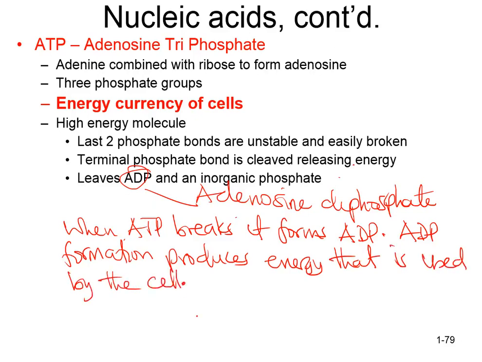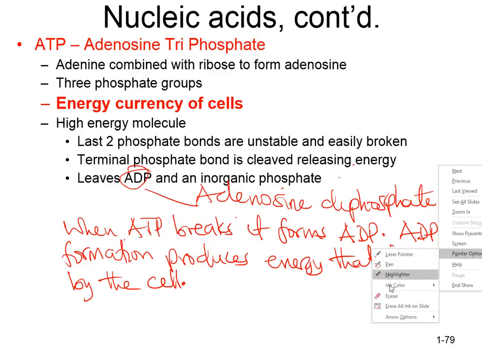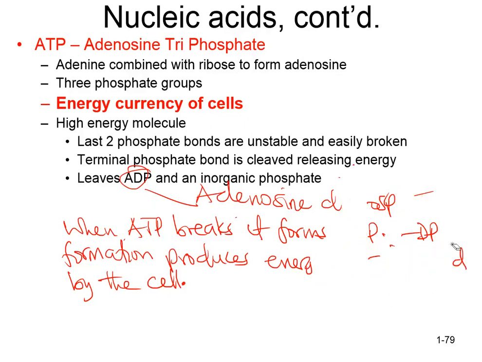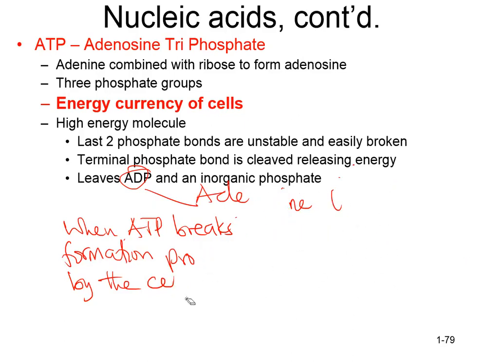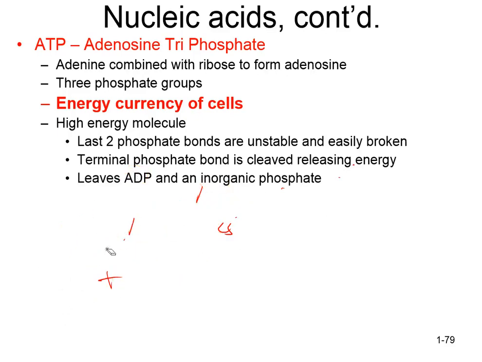So the cell of an animal or the cell of a plant, whatever, gets energy from the breaking of ATP to form ADP. So you can write that down. Make sure to stop the video and write down the information and then proceed.